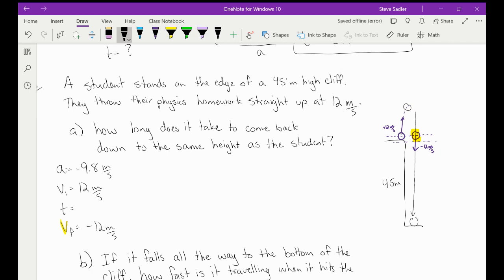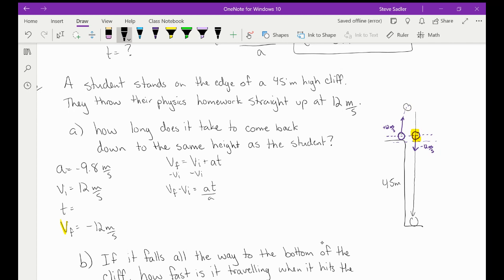And now we have VF, VI, A, and T. So we can use VF is equal to VI, sorry, I keep writing V naught, VI plus A T. And we can solve for T. So we'll subtract VI from both sides.